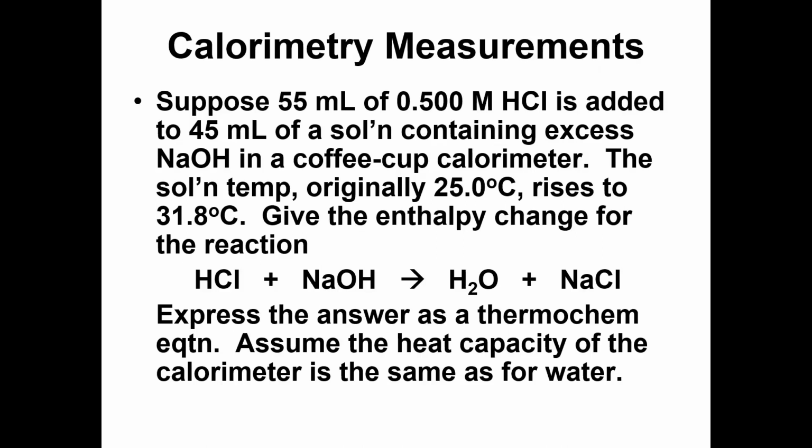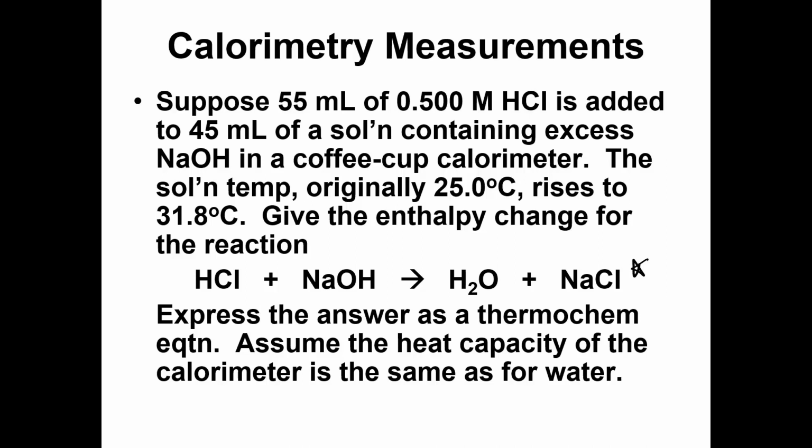So we can do calculations specific to a chemical reaction, right? This is a neutralization reaction that we looked at in the beginning of lecture 2. HCl and sodium hydroxide can be neutralized to form water and sodium chloride, and this is an exothermic process.